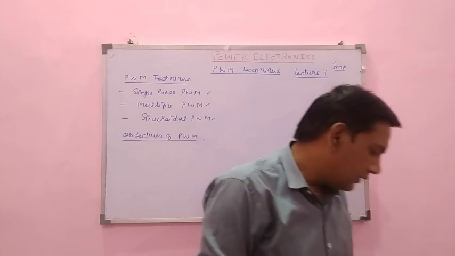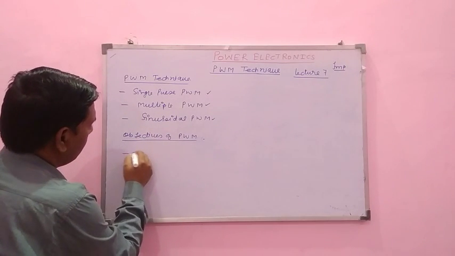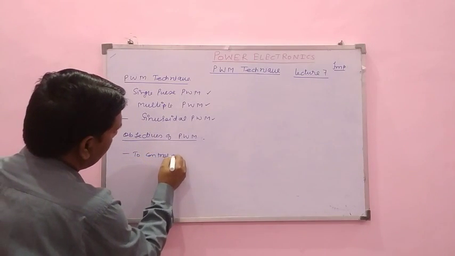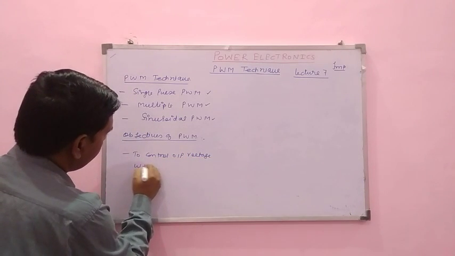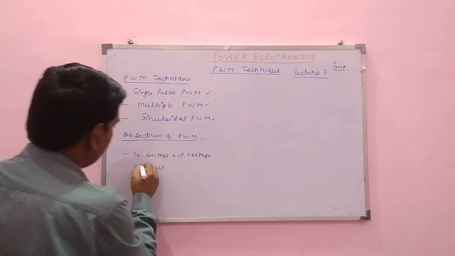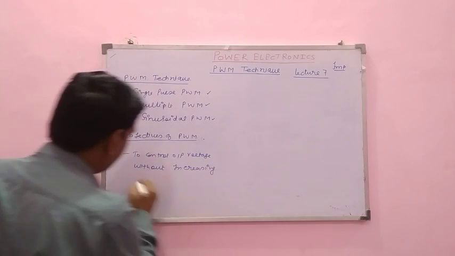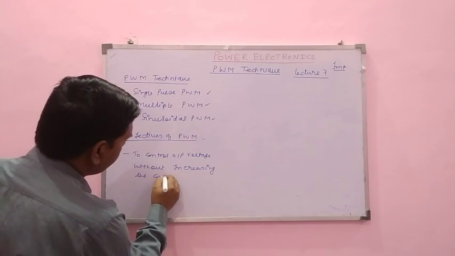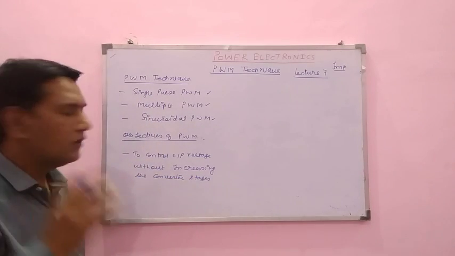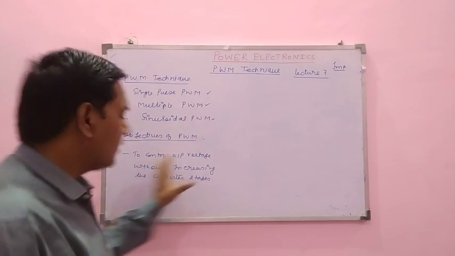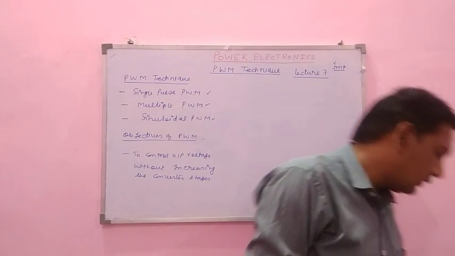The important objective of PWM is to control output voltage without increasing the converter stages. Means there is no need for any external converter, and your output voltage varies, your output voltage gets controlled.